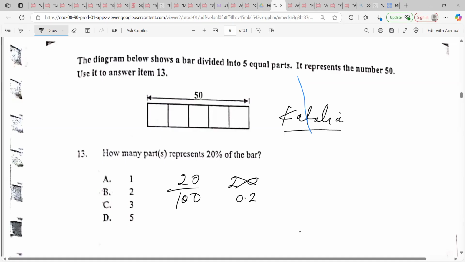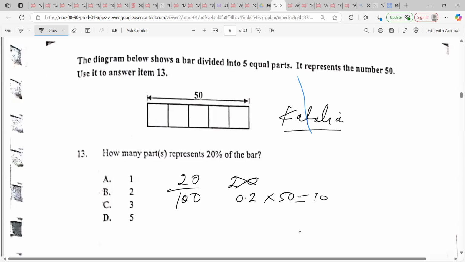And then I times it by 50, which is equal to 10, because when you divide, if each part is equal to the same amount and there are 5 squares, each one will equal 10. So the answer is 10.